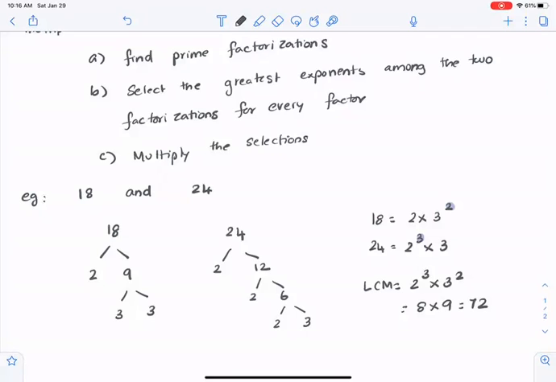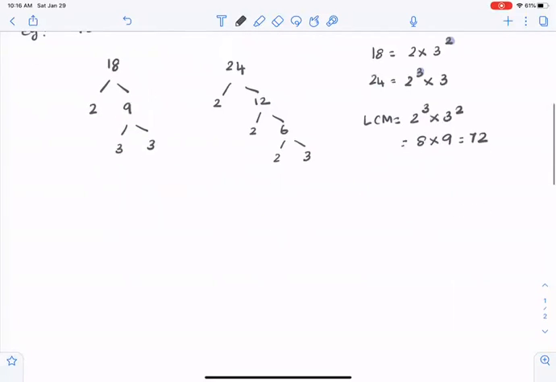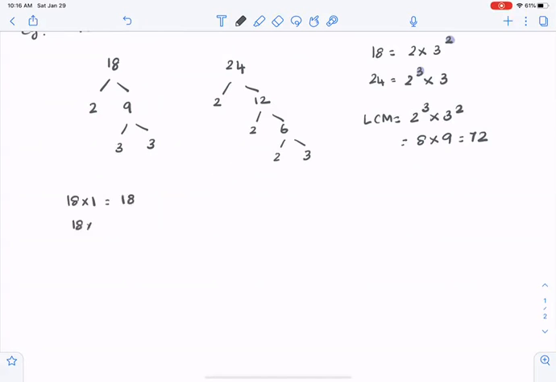One may ask, well, that doesn't make any sense. Well, it certainly does. If you look at the multiplication table: 18 times 1 is 18. 18 times 2, 36. 18 times 3, 54. 18 times 4, 72. 18 times 5, 90. 18 times 6, 108.